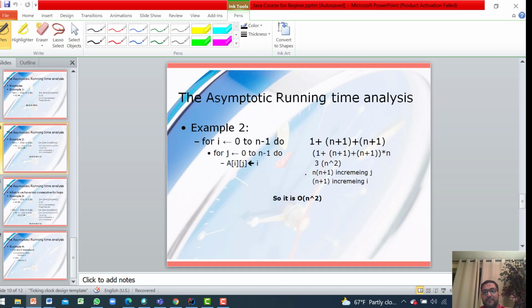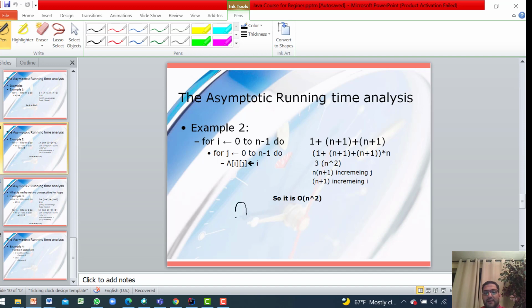And then I'm going to increment the j index for n plus 1, multiplied by n, because I'm n times from the outer for loop, and from the inner for loop n plus 1. So basically I have here n squared plus 1, and the outer for loop increment is going to be n plus 1.